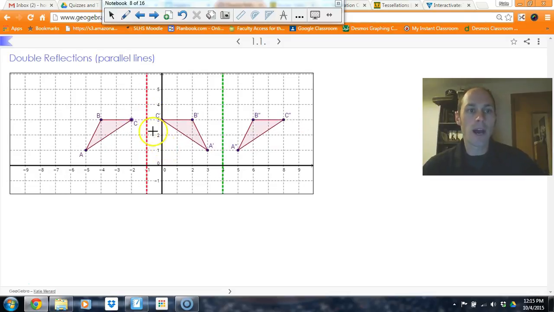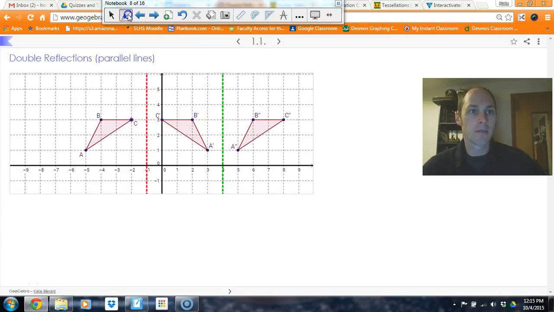And hopefully you can see why it is 10 units. It's double this length across from these lines of reflection. Because if we take a look at C being reflected, if it's a true reflection, it's the same distance from the line of reflection. So this is 1 unit, and this is 1 unit. And now it's being reflected across the next line, so that is 1, 2, 3, 4 units away. So that will also reflect across 4 units away.